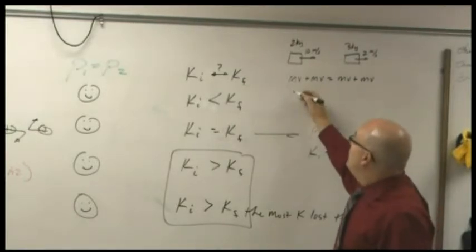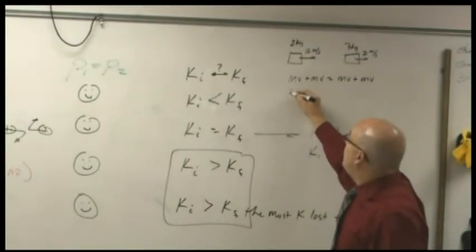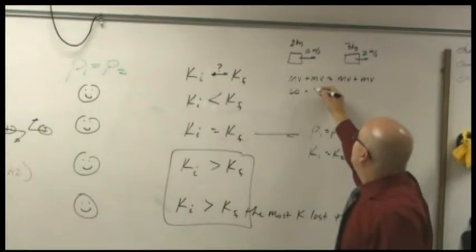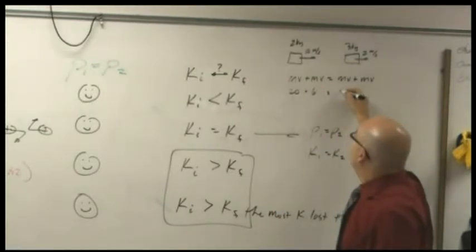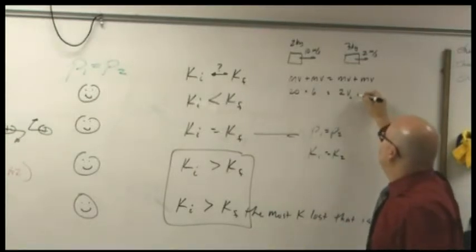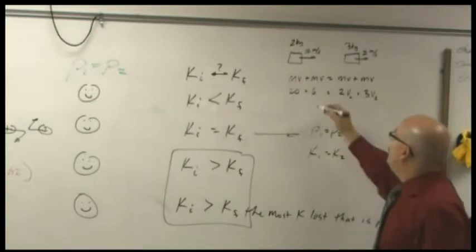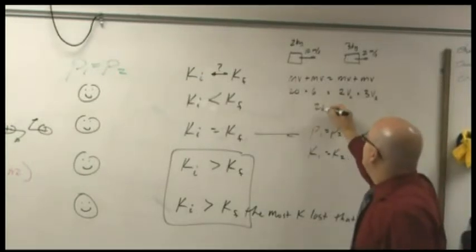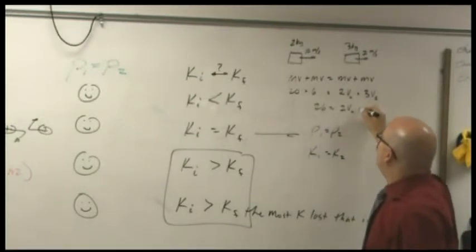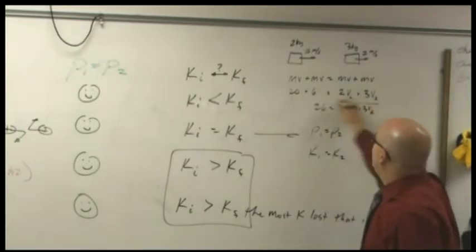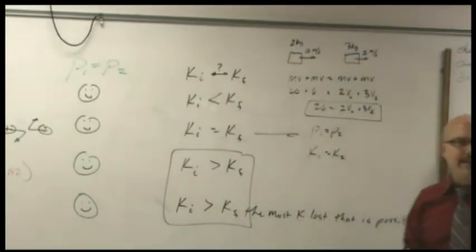So that's 2 times 10, or 20, plus 6 equals 2 times v final for the one on the left, plus 3 times v final for the one on the right. So we end up with 26 equaling 2v on the left plus 3v on the right. There we go. It looks great, but we can't solve it because we have too many unknowns.